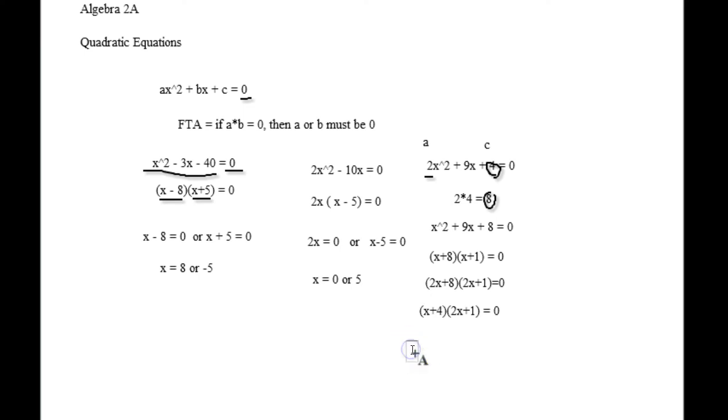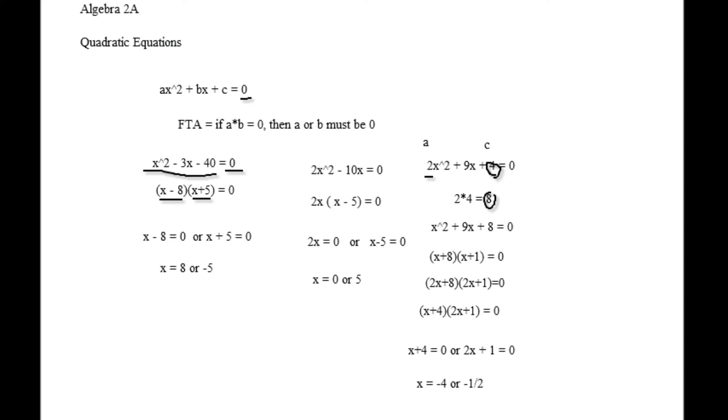Then you just solve it. So x plus 4 equals 0, or 2x plus 1 equals 0, and you'll find that x is equal to -4 or -1/2. So that's solving by hand using factoring, and that one's pretty simple.